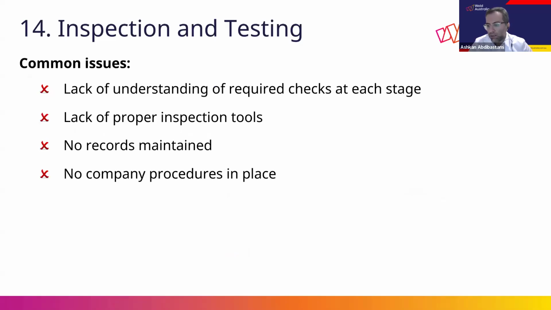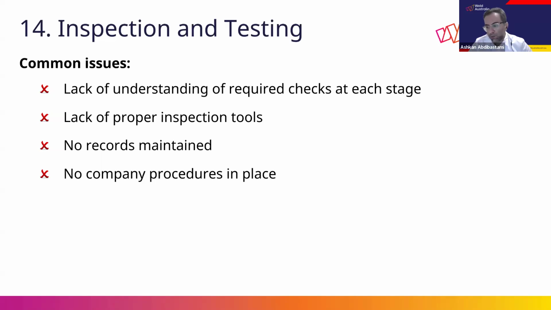Common issues again here include a lack of understanding of the checks required at each stage. For example, if your internal welding inspector is not quite familiar with what he needs to do and what he needs to inspect, that would be one of the issues.